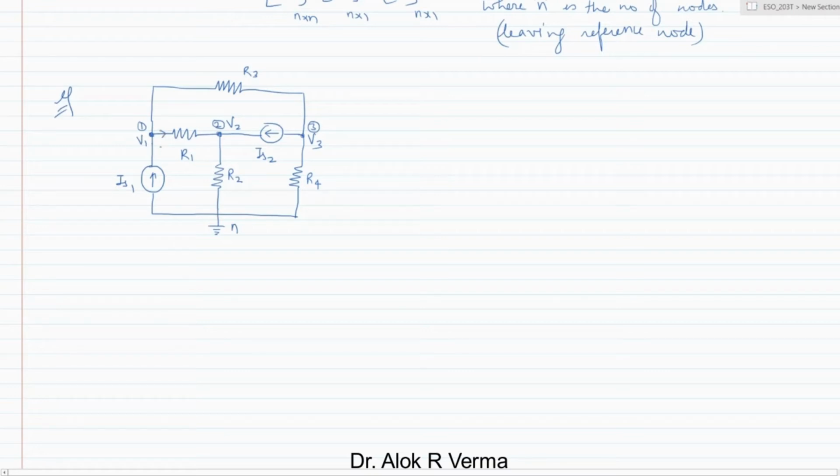So let us assume this current as I1, this current as I2, and then this current as I4 through R4, and the current this is I3. So basically what is happening, one current is coming from here is I3. So this is the complete assumption of the node voltage and the current which is flowing.